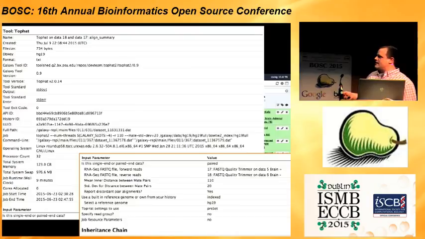We have UUIDs that are created, and depending upon the configuration of your cluster or your Galaxy instance, you can actually see the operating system, the full command line, the amount of runtime, cores that were allocated, and so forth, along with a list of all the parameters that you had selected before. So no black boxes here.